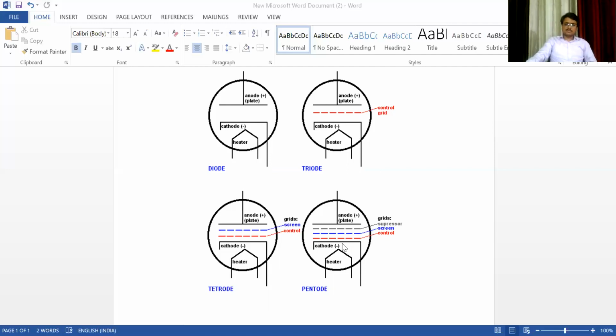When the electron is going from the cathode to the anode, there are so many grids to control it. Here it is one grid, here two grids, and here three grids. Three terminals, so it is a triode. Four terminals, so it is a tetrode. Five terminals, so it is a pentode.